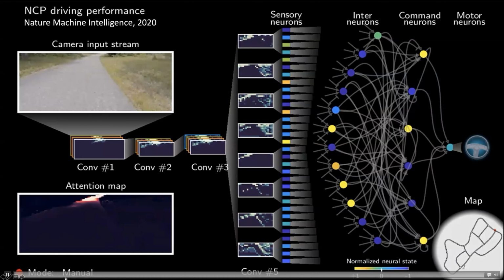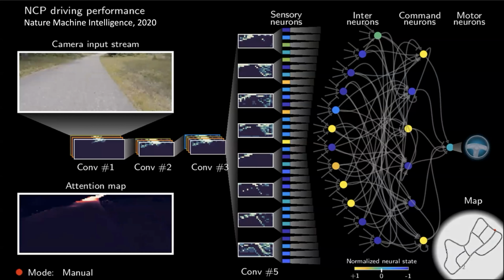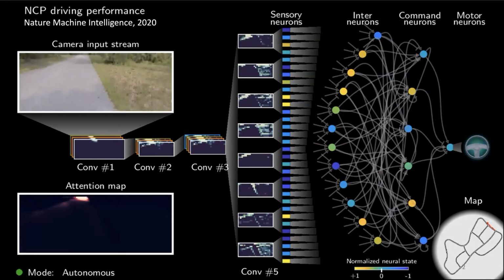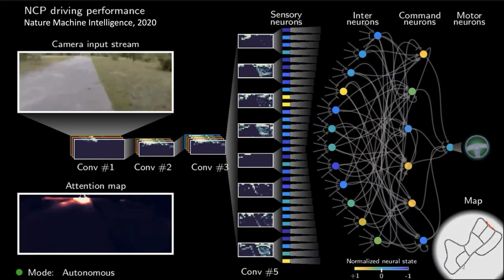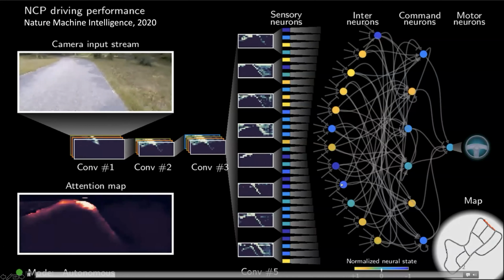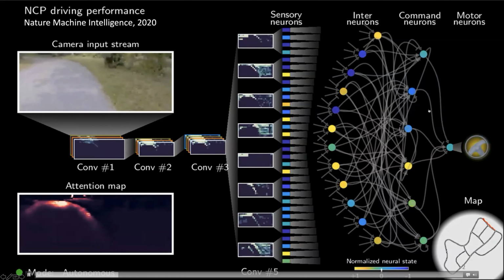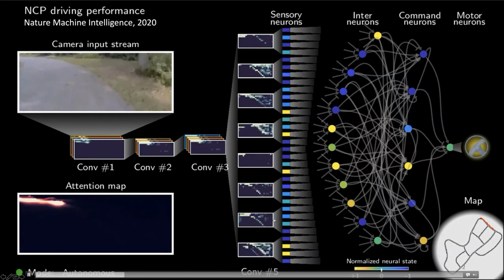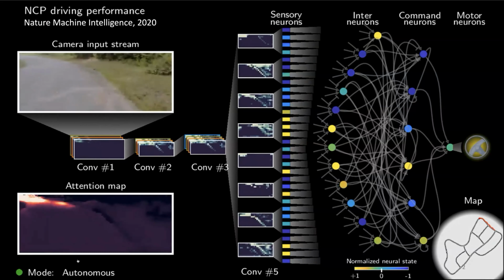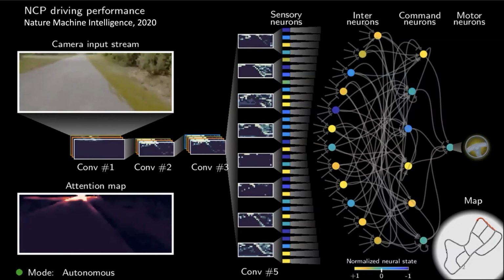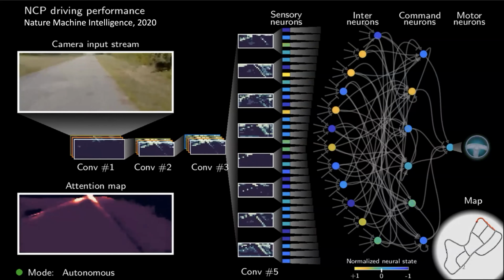So last year, we developed a technology called neural circuit policies, where you can perform end-to-end navigation or end-to-end control of robots with a condensed network that consists of differential equations. And this network was giving rise to some sort of attention map that was focusing on the true causation of the task under test.